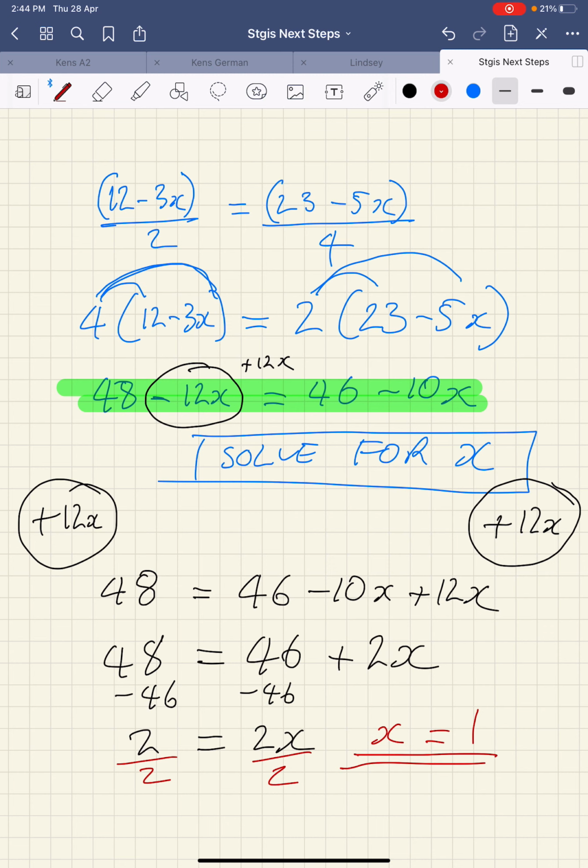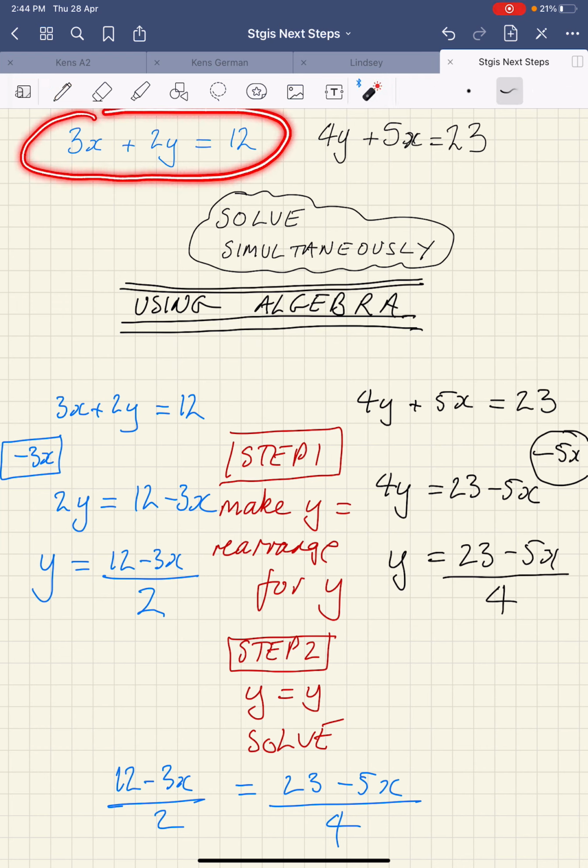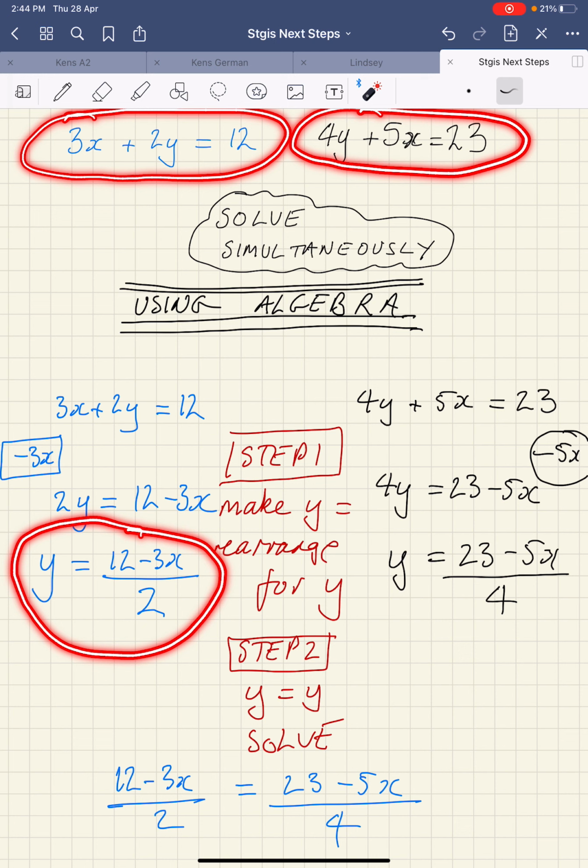Alright, now we've got x equals to 1, we want to go all the way back to the start, and we can choose any of the equations to substitute the x back into. So you could go back and make x equals 1 in here, or make x equals 1 in here. But we've also rearranged, right? We could make x equals 1 here, or we could make x equals 1 here.